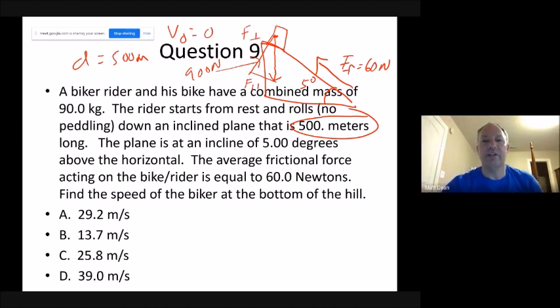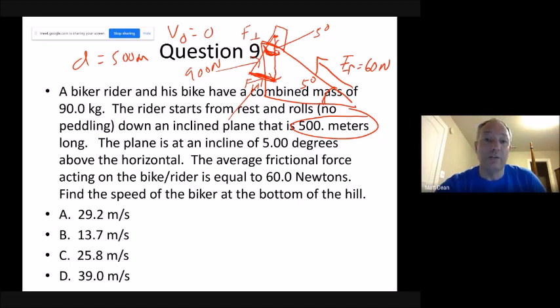When you do this kind of vector resolution on an incline, the angle of your incline is going to be equal to the angle up here at the top of your triangle. So this is 5 degrees. We know the weight is 900. What we really need to know is the parallel component of that weight, this side of the triangle.